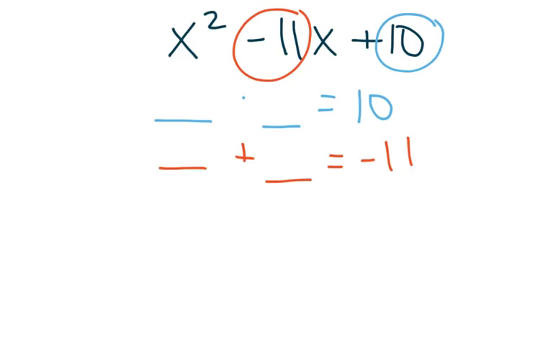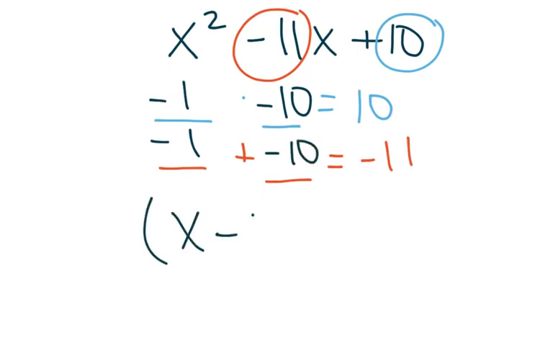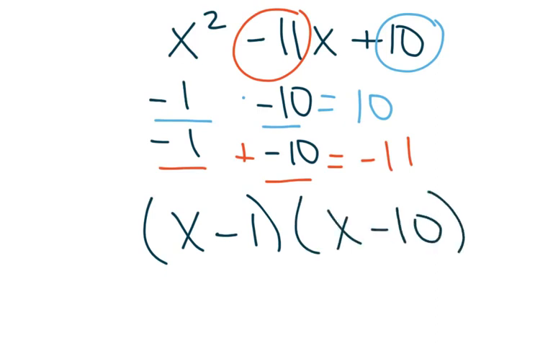The only two numbers that are going to work are negative 1 and negative 10. And so that is what we write in our parentheses. So our answer becomes x minus 1 and x minus 10.